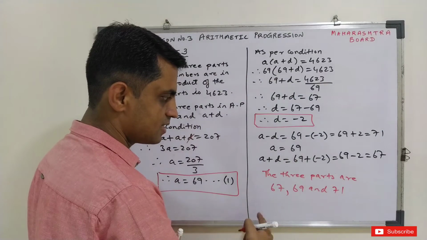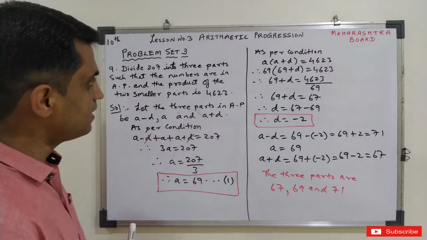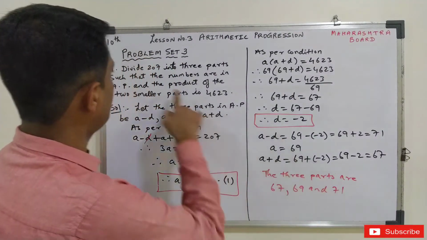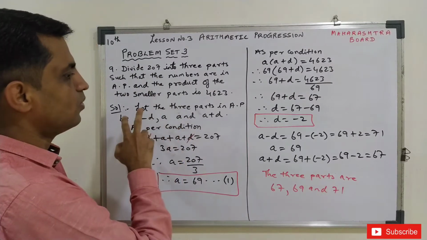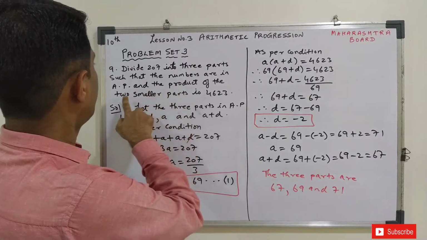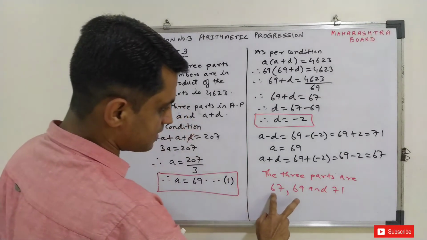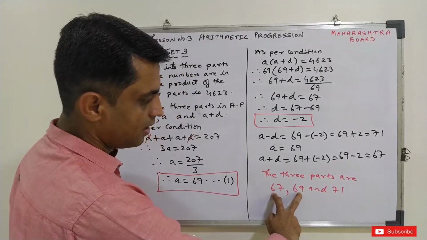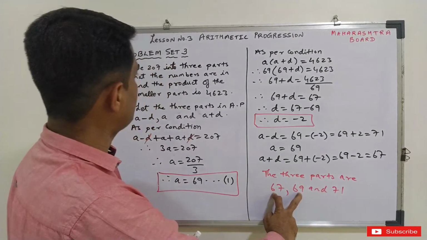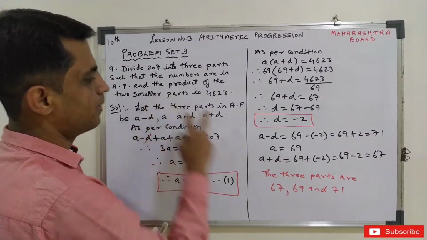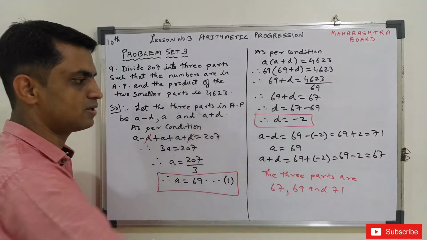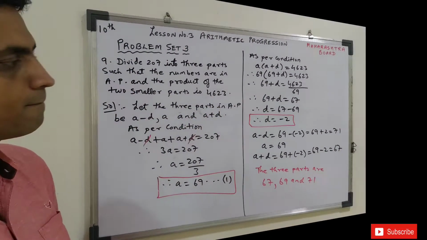This way, 67, 69 and 71. It means when you add all this, you will get 207, and when you multiply the two smaller parts, 67 and 69, you will get 4623. This way you do.